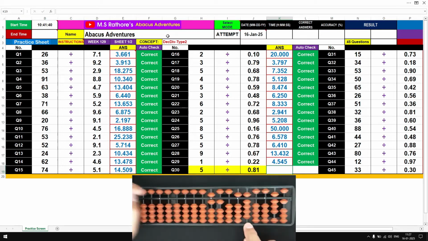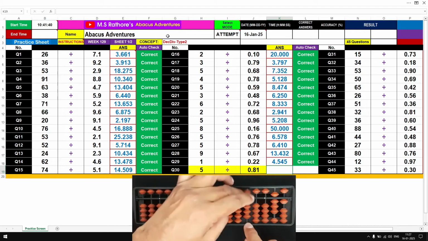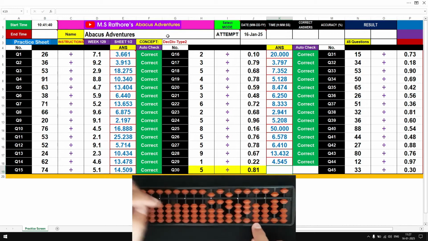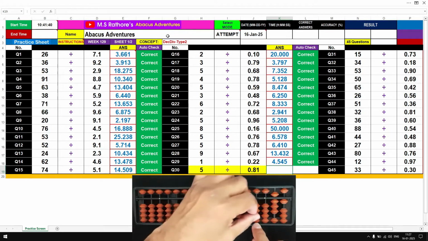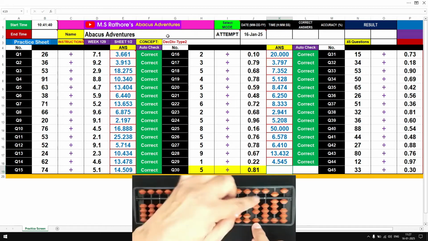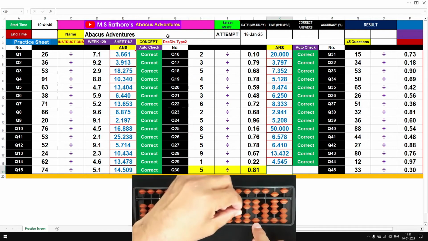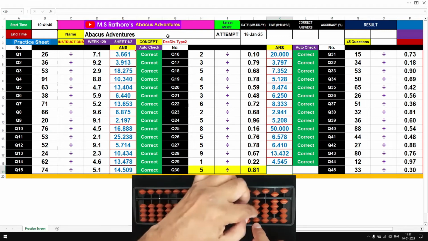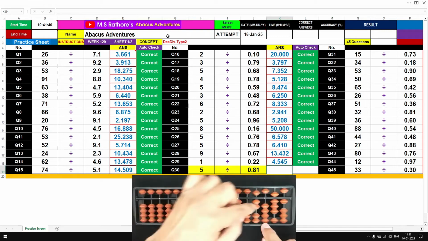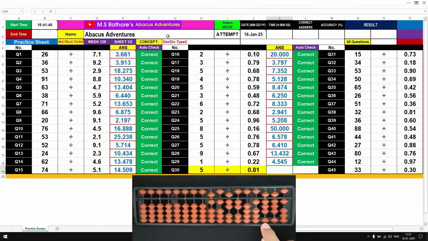Next round. 59 is the new value. 8 7s are 56, shifted, 1 7 is minus 7. Last round now. 23 is the value. 8 2s are 16, shifted, 1 2 is minus 2, and the answer is 6.172.